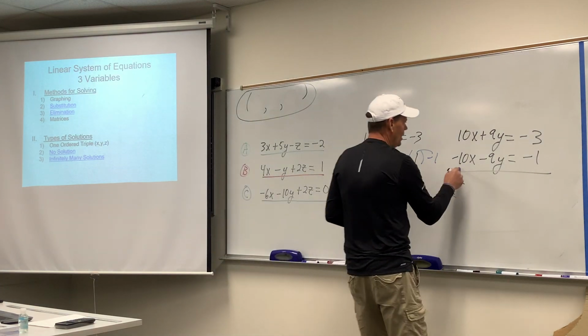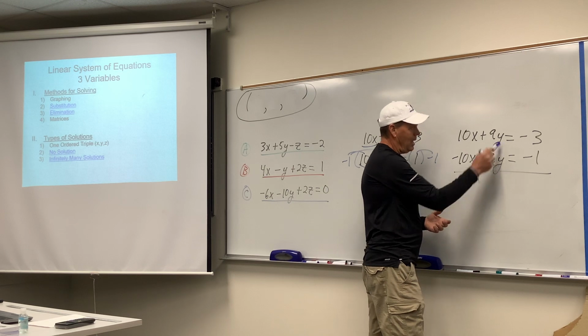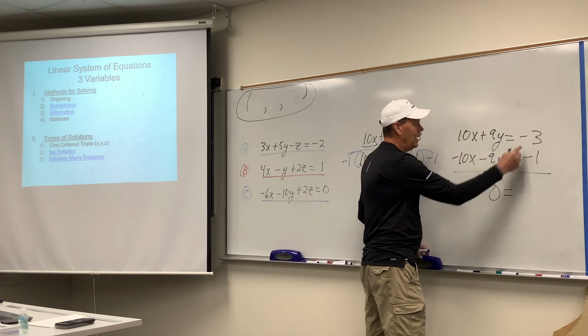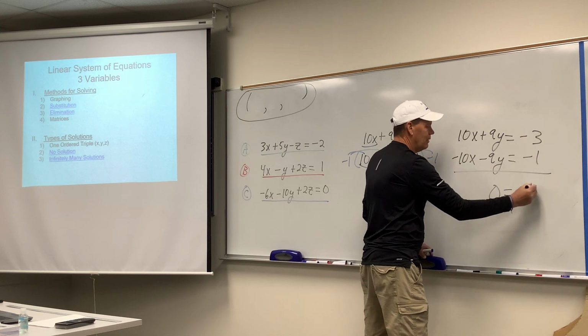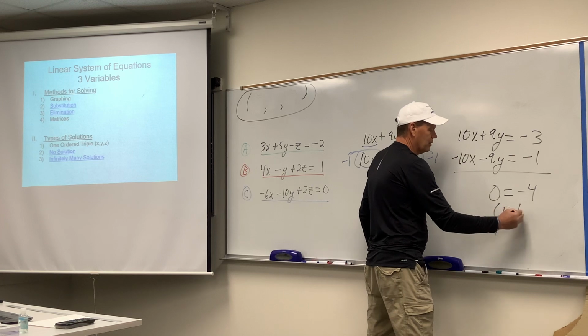Got rid of x. By coincidence, we also got rid of y. There's no variables left. Both variables eliminated. There's 0 over here. And -3 and -1 make -4. And 0 does not equal -4. That's false.